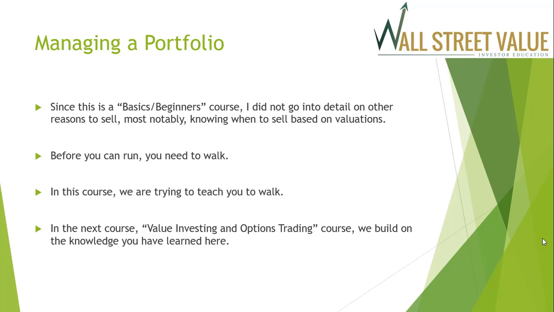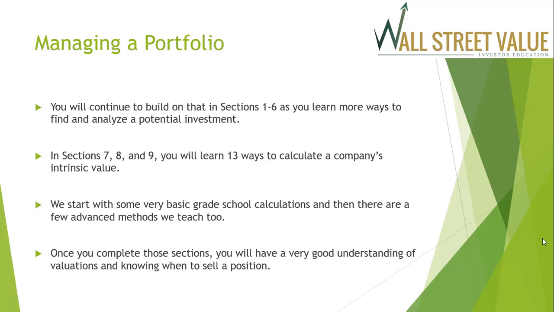Since this is a basics beginner's course, I didn't go into detail on other reasons to sell, most notably when to sell based on valuations. Before you can run, you need to walk, and in this course, we're trying to teach you how to walk. In the next course, the value investing and options trading course, we build on the knowledge you've learned here. You will continue to build on that in sections 1 through 6 as you learn more ways to find and analyze a potential investment.